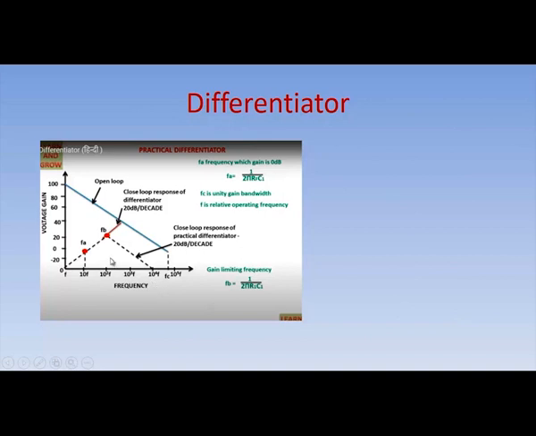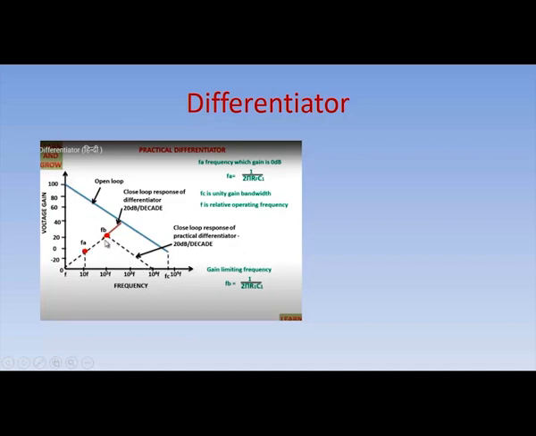So, if F is increased beyond this Fb, the response will come to the decreasing range. This continuous line shows the response for the ideal differentiator, and this dashed line shows the response for the practical differentiator.